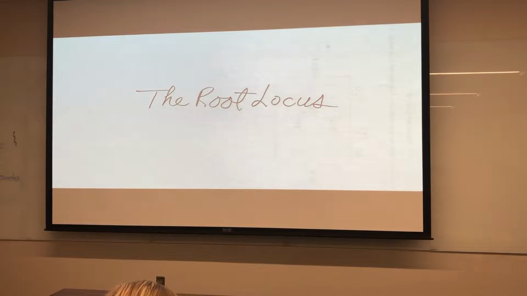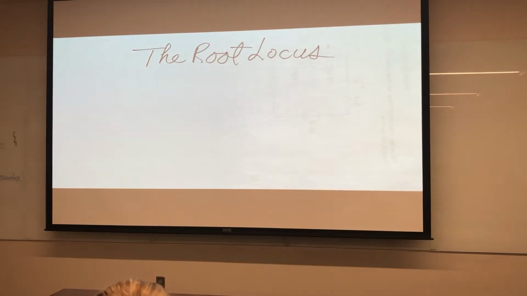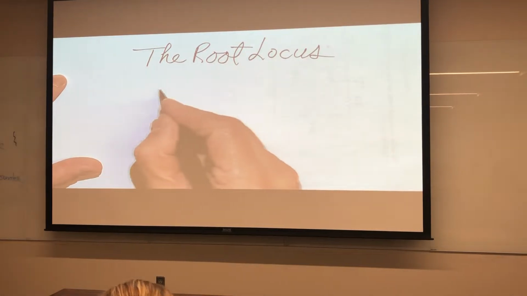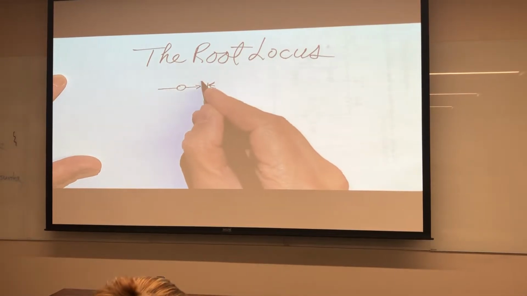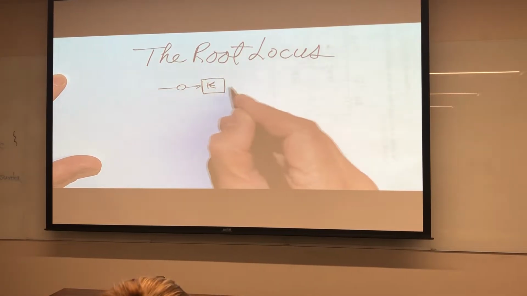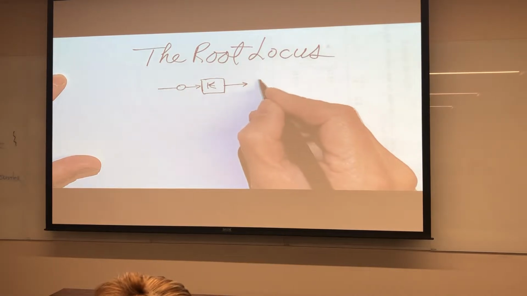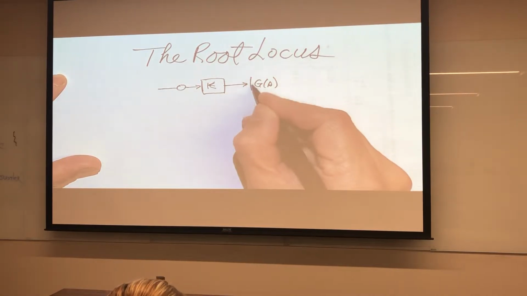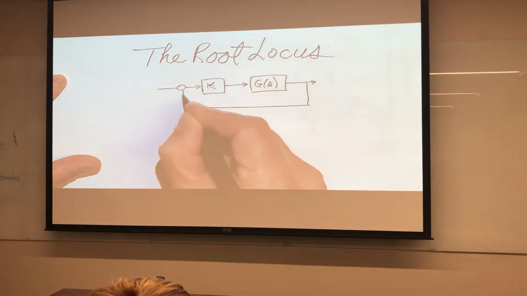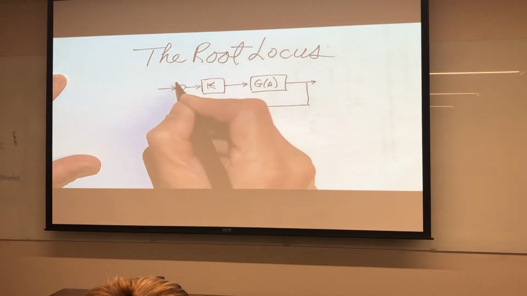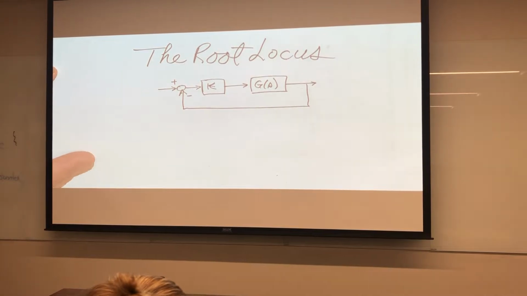So today what I want to do is introduce the root locus, and so let me first sketch a control system below here. So that's the simplest control system we can have.